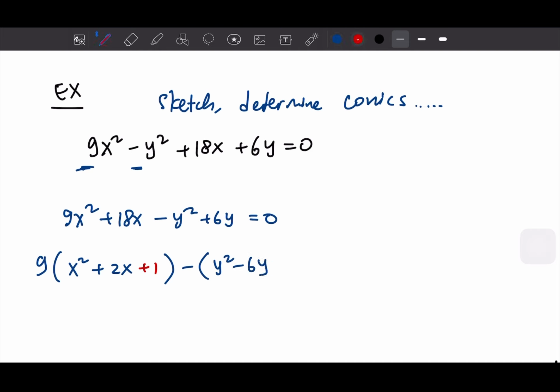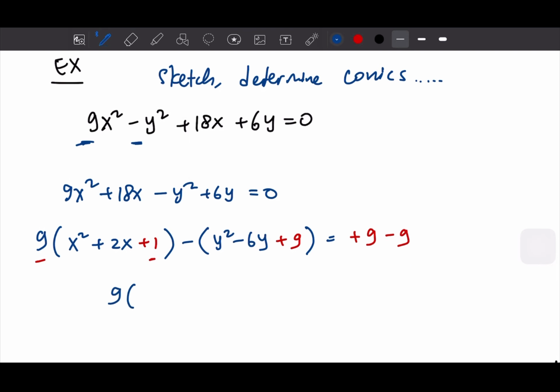And then we can complete the square by plus 9, right? So on the right side, we're going to add 9 from the left, and then minus 9. So this will be 9 times x plus 1 squared minus y minus 3 squared. And it's not equal to 1, but it's equal to 0.